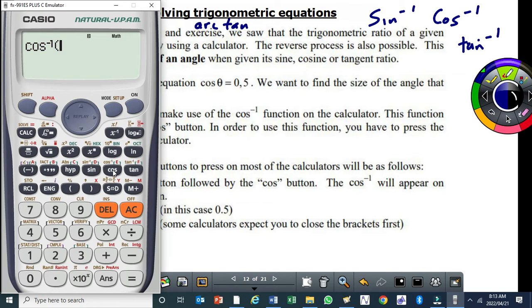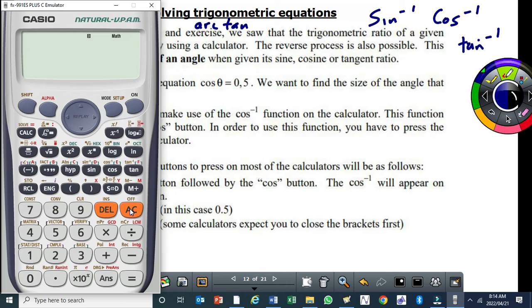Please don't interpret it as if you are interpreting an exponent, which is just a notation. Then you can also press shift, then tan, and you end up having the same kind of function. So we use those functions to determine the sizes of angles. They are very important when you're solving trig equations, and later on when you are trying to determine the size of an angle inside a triangle, which is something that you never did in grade 8 and grade 9.